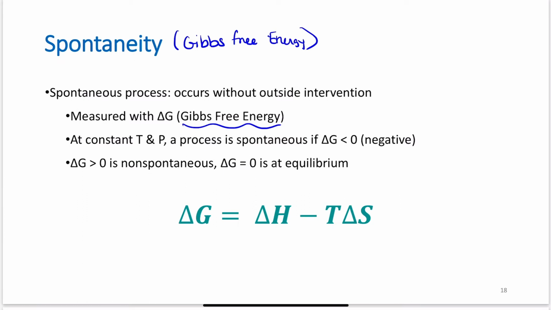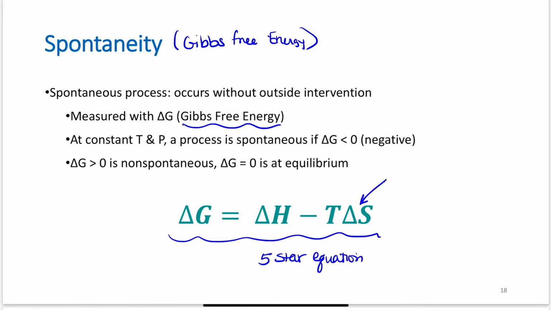At constant temperature and pressure, a process is spontaneous if delta G is less than 0. If delta G is greater than 0, it is not spontaneous. And if delta G is equal to 0, we have reached an equilibrium. This equation we will see again. I call this your 5-star equation. It can tell me a lot.